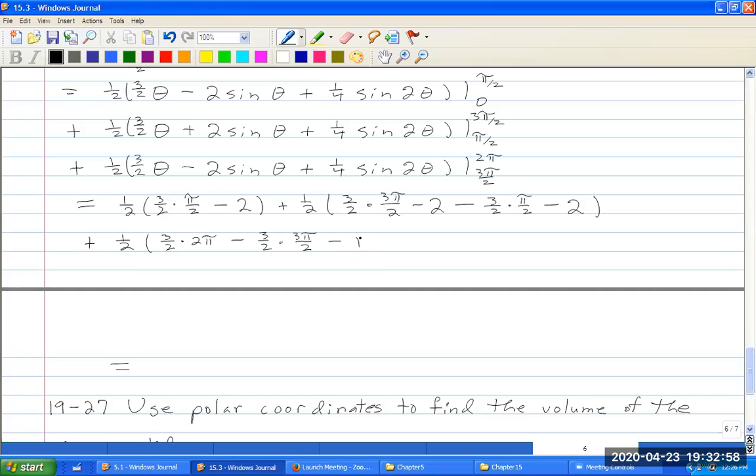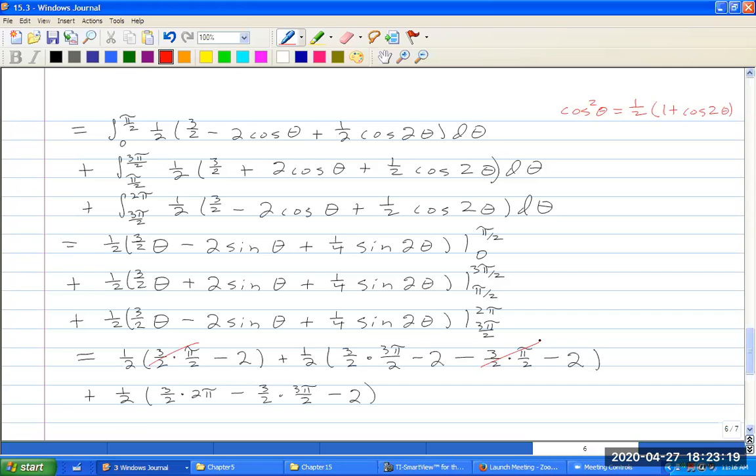Let's see if I get this correct now. Okay, so this is equal to, that's 1. Oh, I should have written that as a 2. So that goes with this. And I have a 3 pi over 2, which cancels with this one.